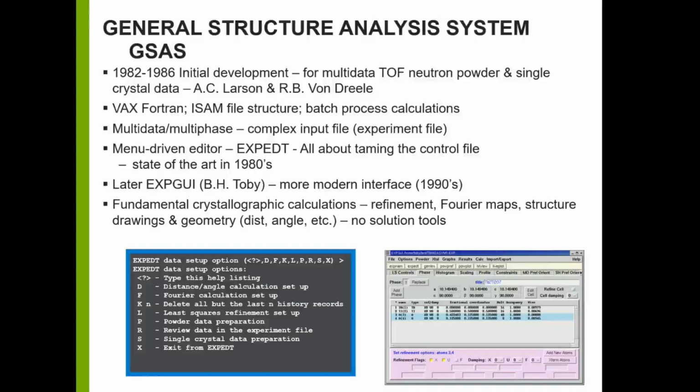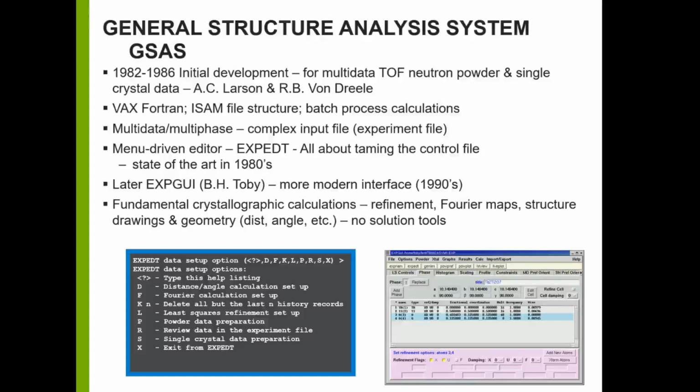The calculations were by batch. You set them up, you send it off, and you wait and come back with a result. It was messy because of this. There were multiple data sets, and for powder diffraction, there were multiple phases. So when you put those 2 things together, you wind up with a horrendously complicated control file.